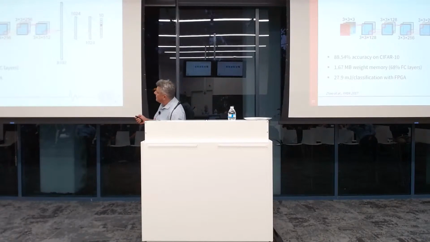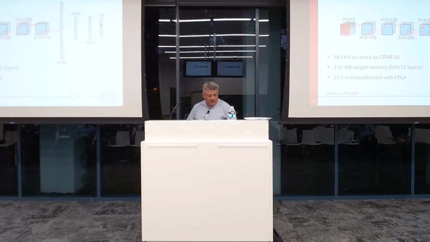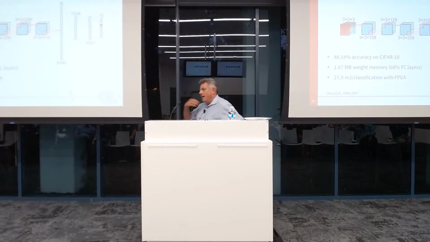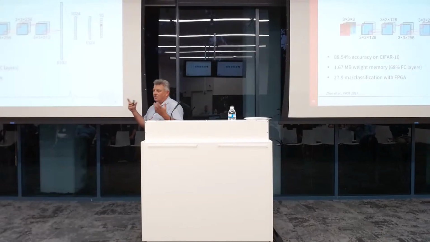You see here a few convolutional layers with 3x3 filters, and then 3 fully connected layers. Their implementation required 1.67 megabytes of weight memory. And with my academic budget for taping out a chip, I already knew we can't do that. We couldn't fit this much memory on the chip.